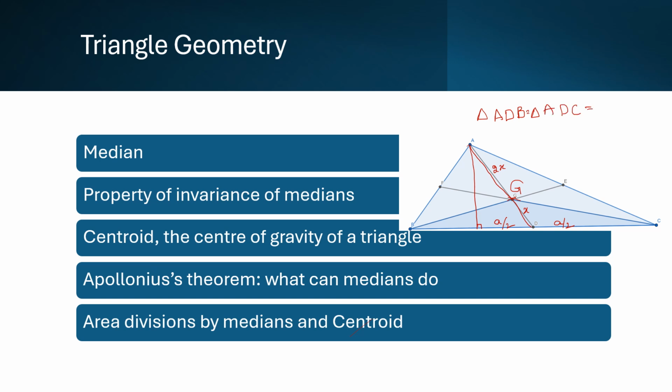The area of these two triangles is equal and is equal to half the area of triangle ABC. Obviously, for both triangles ADB and ADC, the height is the same as that of triangle ABC, and the base is a by 2, a by 2.